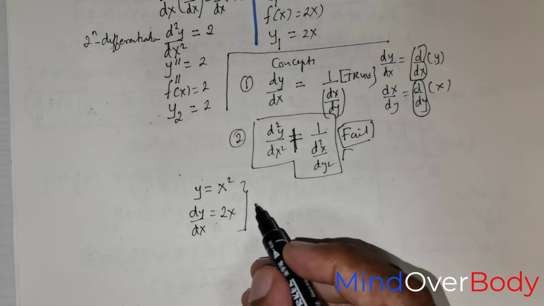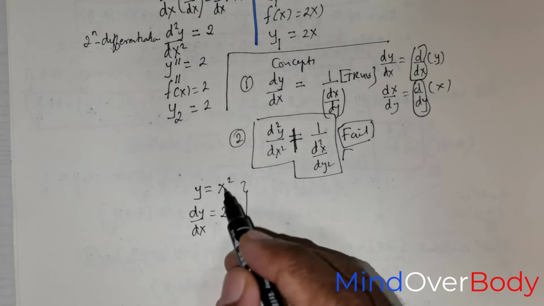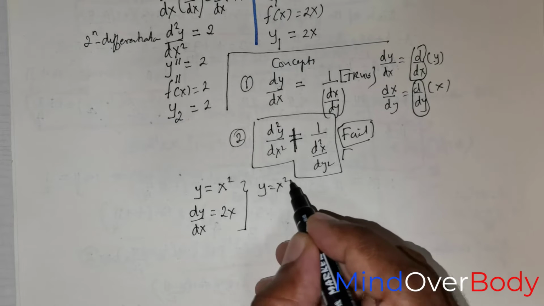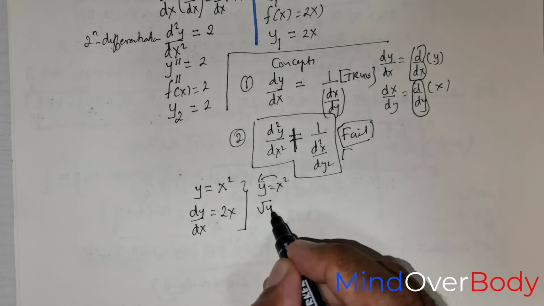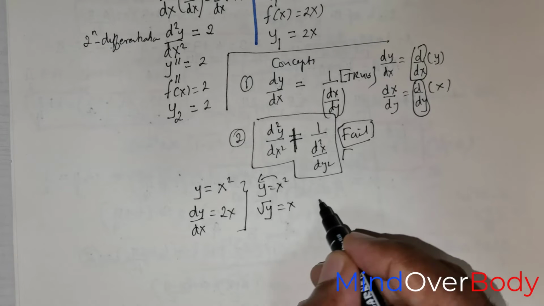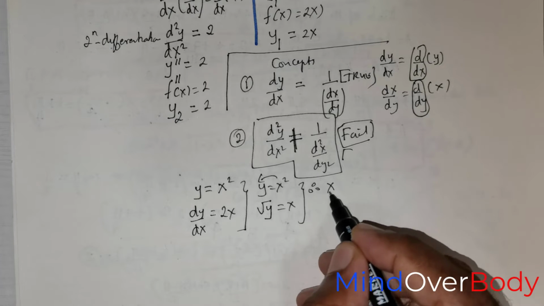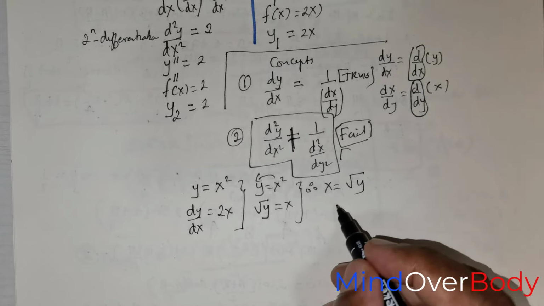So to obtain dx over dy, we will have to rewrite this equation. Now I've got y is equal to x squared. If I take the square root on both sides, this gives me root of y is equal to x. So therefore we have x equal to root of y. This is now our new equation.